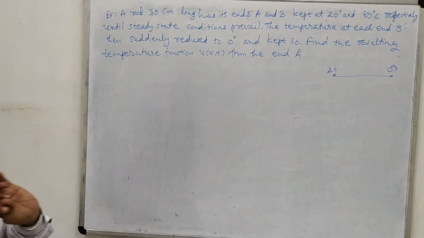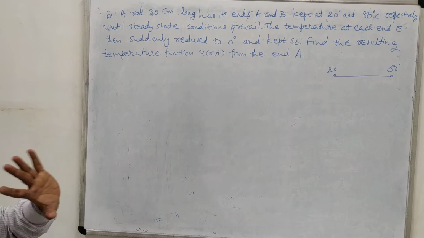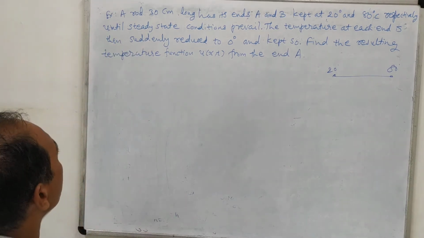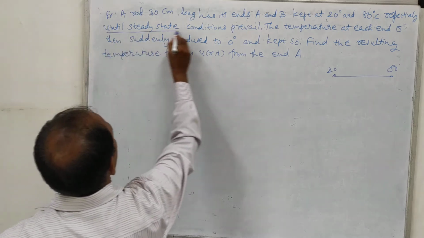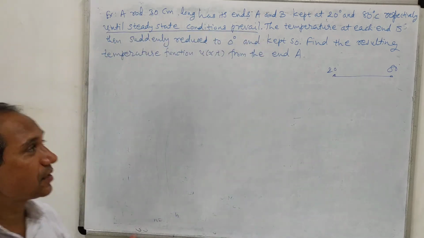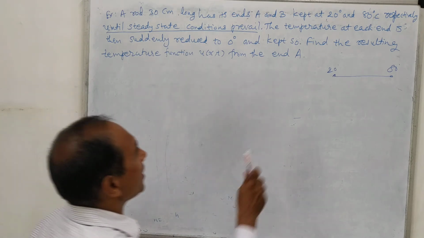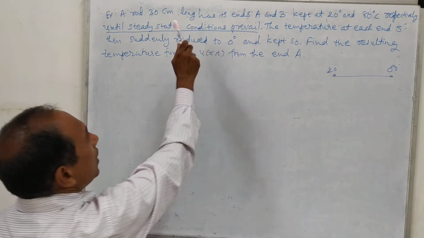So what is the actual meaning that we want to understand? This is until steady state conditions prevail. This sentence is very important because these temperatures will remain up to this condition only.